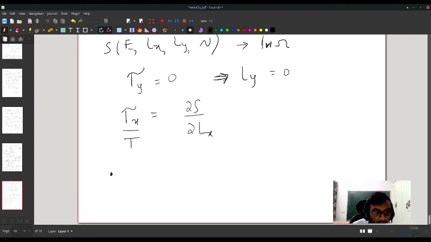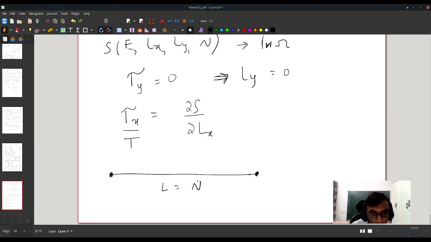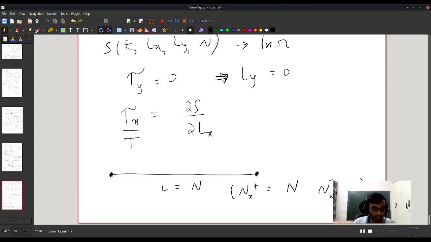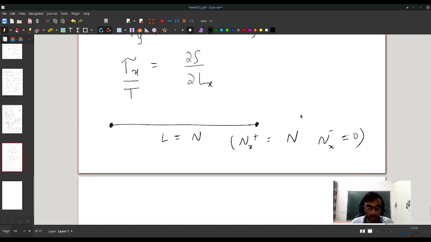Let us just consider a qualitative picture. So if you have a rubber band of this length, let's say L is equal to N. That means Nx plus is equal to N, and Nx minus is 0. So simply all the monomers are oriented in the same direction. This is the maximum length that you can have.